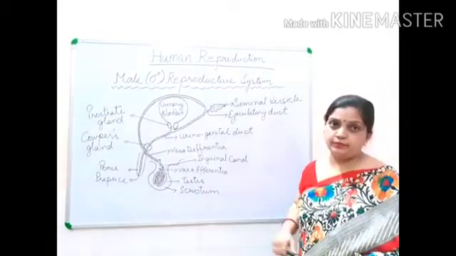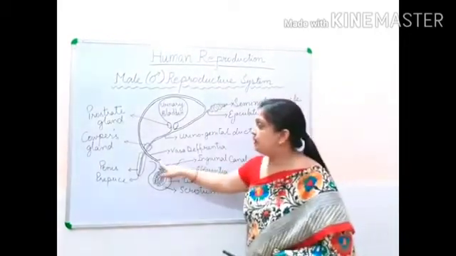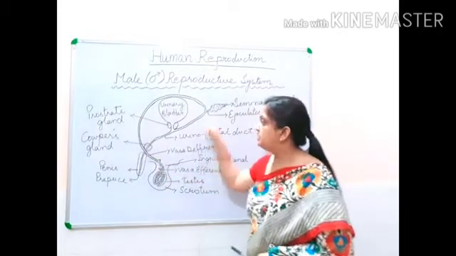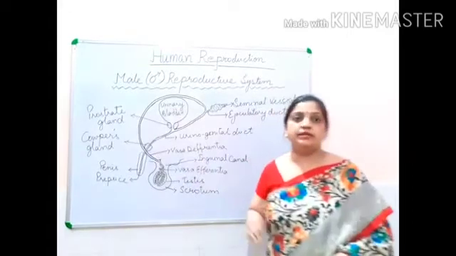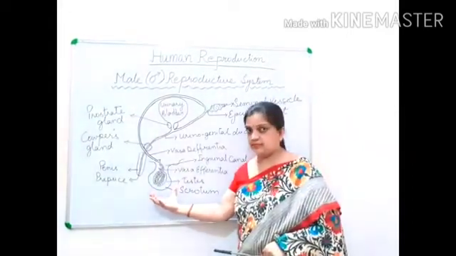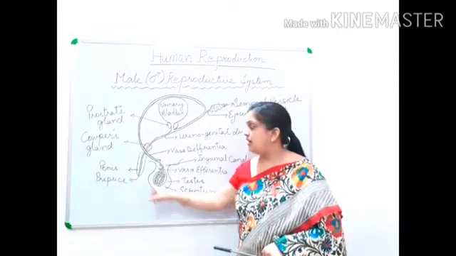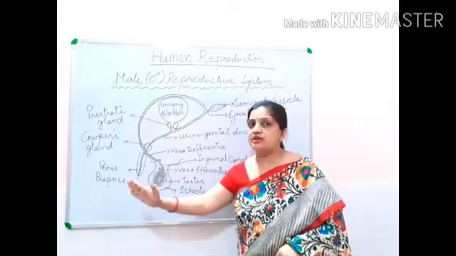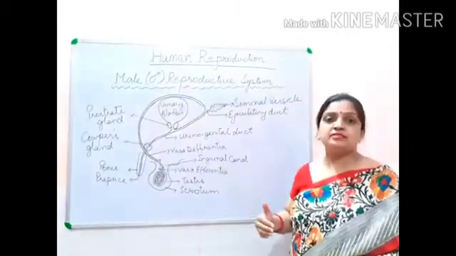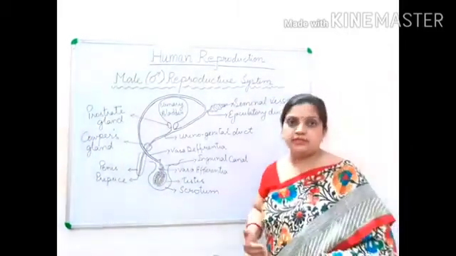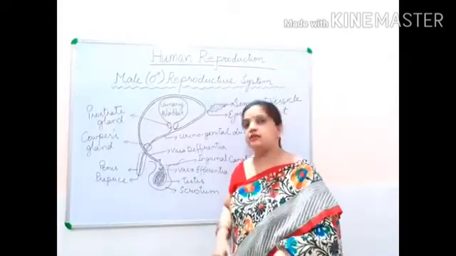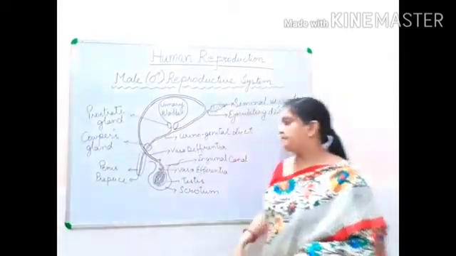Inside the abdominal cavity, the parts from vasa deferentia till the Cowper's gland are located. Your scrotum is located in the extra abdominal cavity and the penis is an extra abdominal part outside the body. Extra abdominal means outside the body. These parts are not internal, but externally located in the male reproductive system.